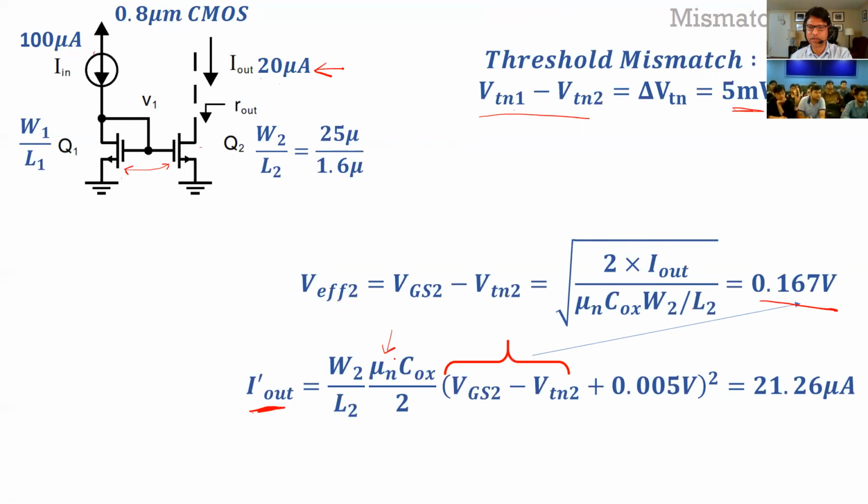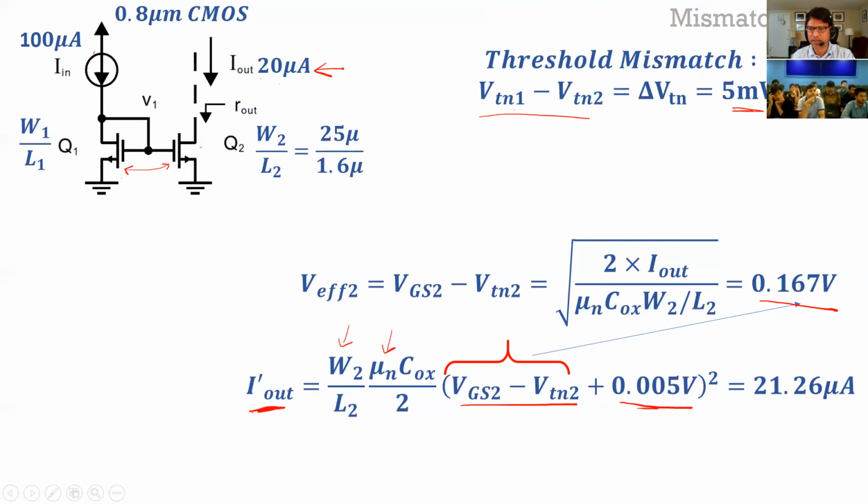Your mu n Cox remains the same, W2 over L2 remains the same, but this was your original V effective, VGS minus VTN2. You add or subtract depending on whether your VT is lower or higher. In this case, I have imagined the VT to be lower. So this is VTN2 minus 5 millivolts. So you just add that. And if you do that, then you will get the resultant current.